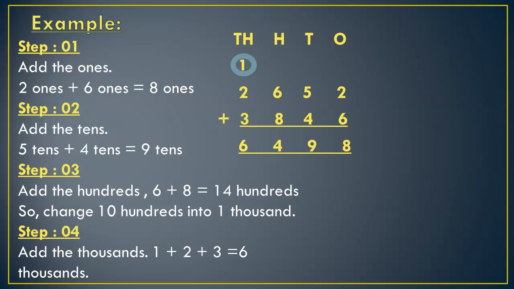We cannot write 14 here. So we change 10 hundreds into 1000. We give 1 to our neighbor. Then step number 4 is add the thousands. 1 plus 2 plus 3 is equal to 6. So 6498 is our answer. Move to next.